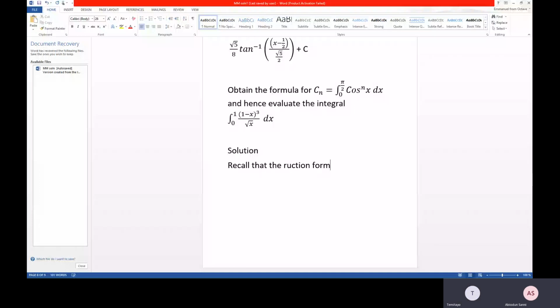what's going to be again? Hold on. Reduction formula for cos. That's 1 over n, cos x raised to power n minus 1, times sin x, plus n minus 1 over n, then cos x raised to power n minus 2.